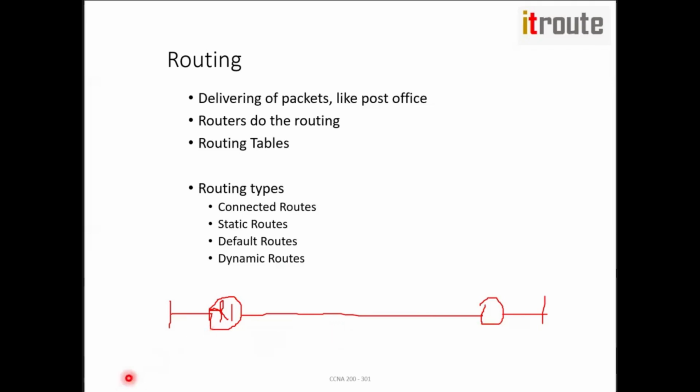For dynamic routing we have OSPF, EIGRP, BGP, RIP, and IS-IS. They are all dynamic routing protocols. Throughout the entire course, we're going to discuss, configure, and troubleshoot routing and dynamic routing protocols. In fact, all of the routing types you need to configure as well.